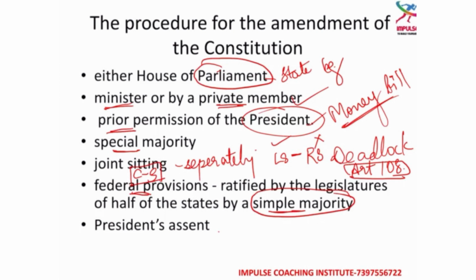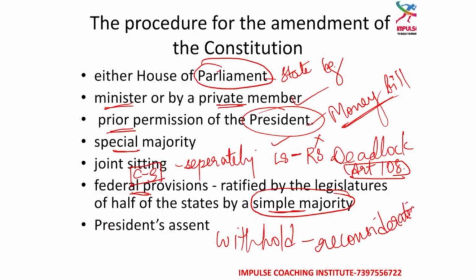After the bill is ratified by the legislature of half of the states by a simple majority, it comes back to the president for his assent. The president has no choice, he has no option, he has to give his assent. He cannot withhold the bill. He cannot send the bill back for reconsideration.